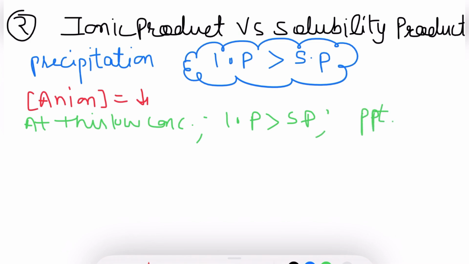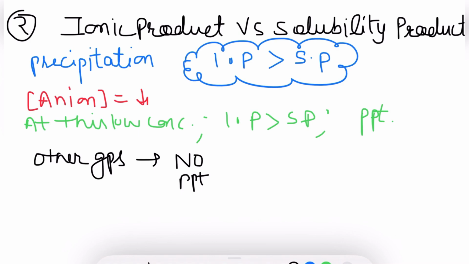Other groups do not form precipitate. It means they require a high concentration of anion. So in this case, the solubility product is more than the ionic product.